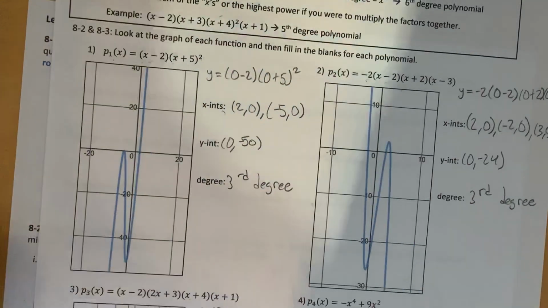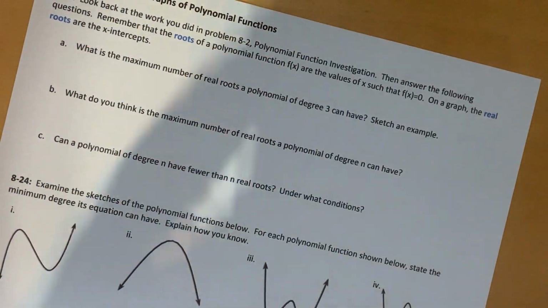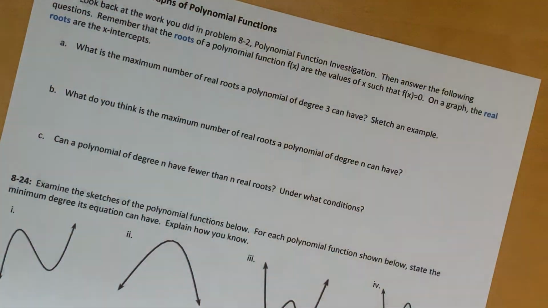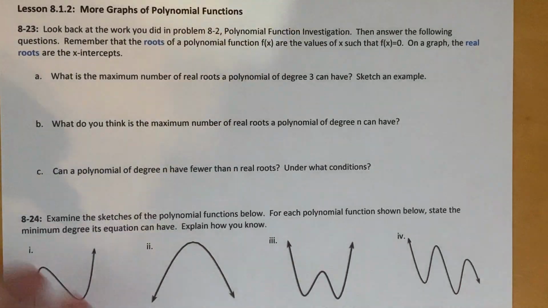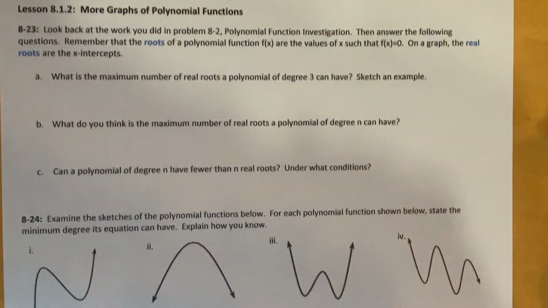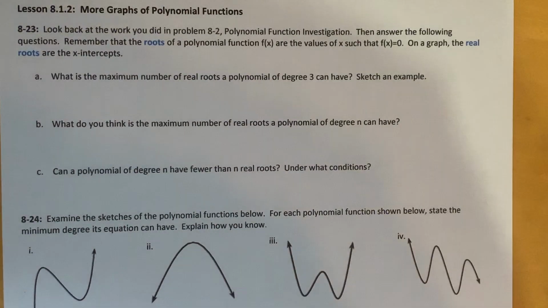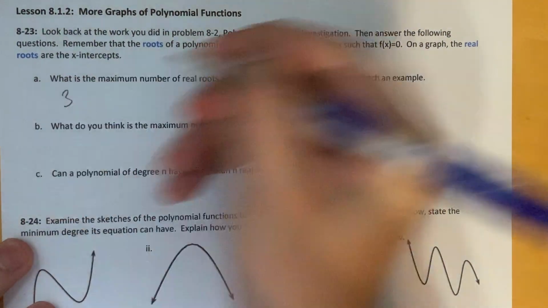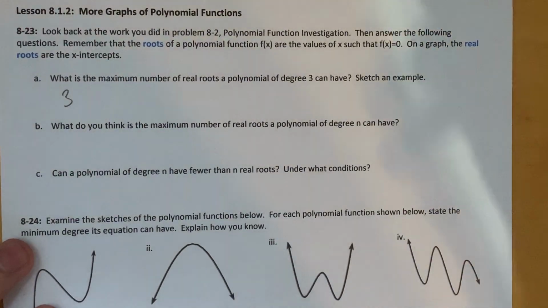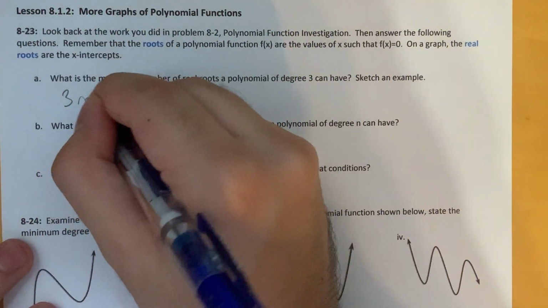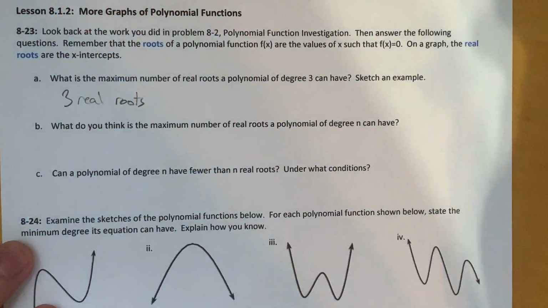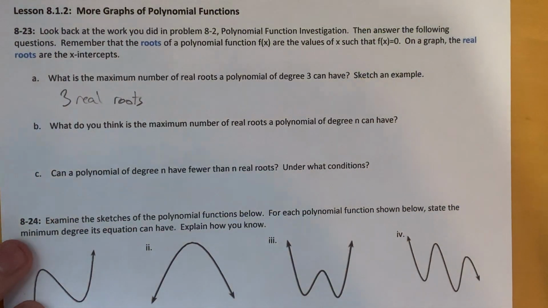So we can safely say, I moved the paper, we can safely say that the max number of real roots a polynomial of degree 3 can have is 3 real roots. Because I want people to understand what I'm writing.